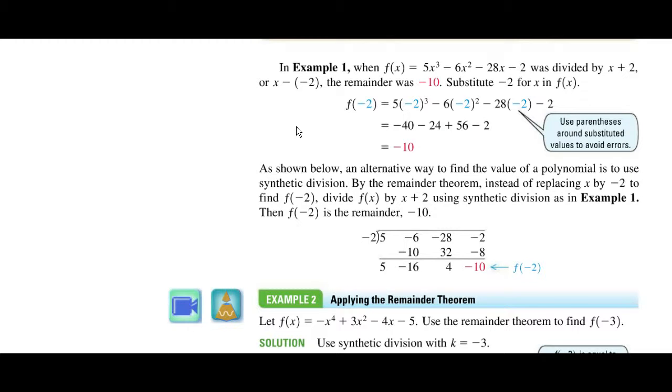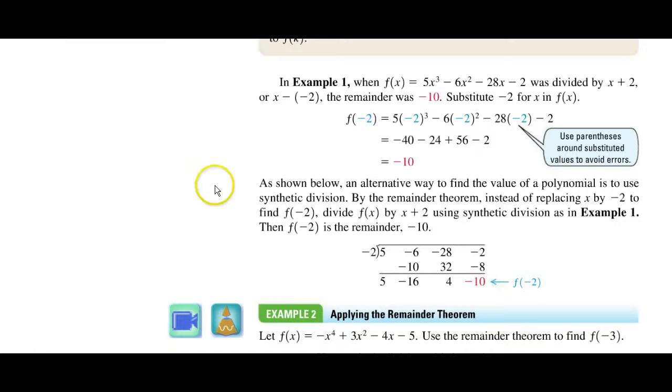So here, let's take a look at this, and we're still working with the example we gave you earlier, that when we did all of this, we ended up with a negative 10 as a remainder. Well, what was our c value originally here?